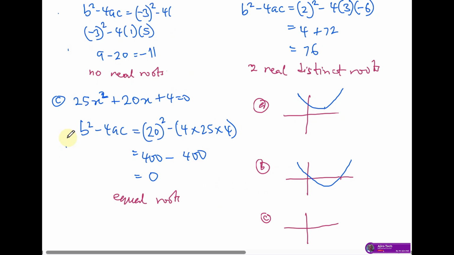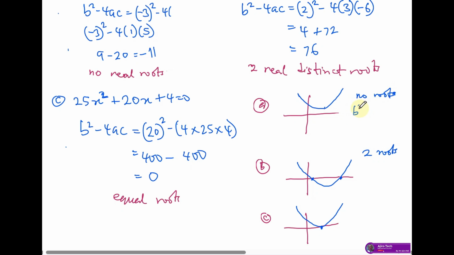If it is equal to 0, the curve will touch the x-axis at 1 point and go back. This is one solution, 1 root. These are 2 roots. In this case, no root.